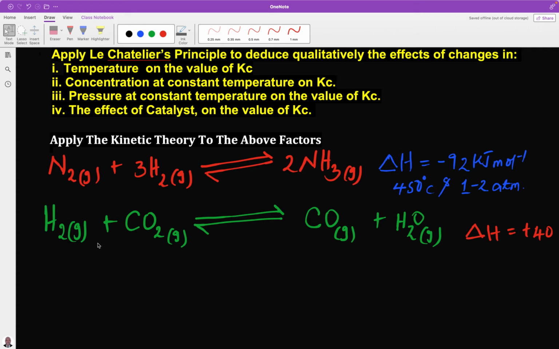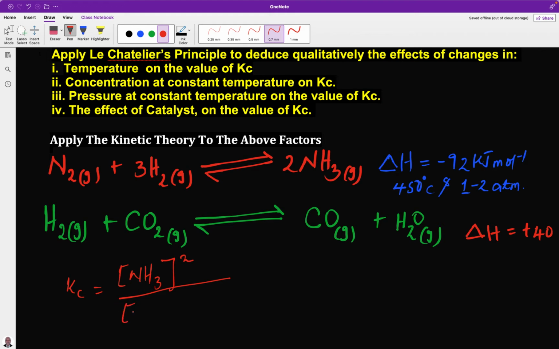From what we discussed last time, let's take ammonia. This is an exothermic reaction. Kc for ammonia is what? Kc is equal to the concentration of the product, which is ammonia, raised to the power of its coefficient, which is 2, divided by the product of the concentration of the reactants raised to the power of their coefficients.